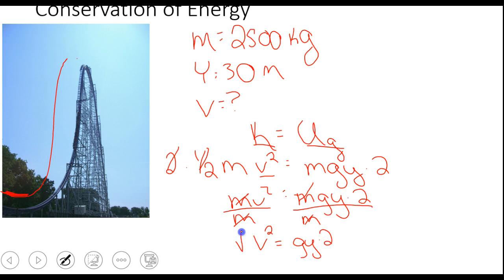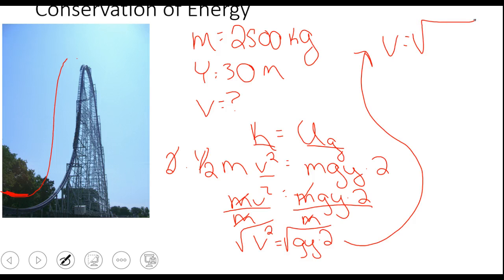To undo that squared, I'm going to take the square root. And so I wind up with v equals square root of 2gy.